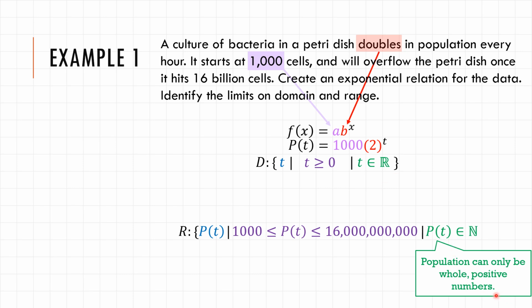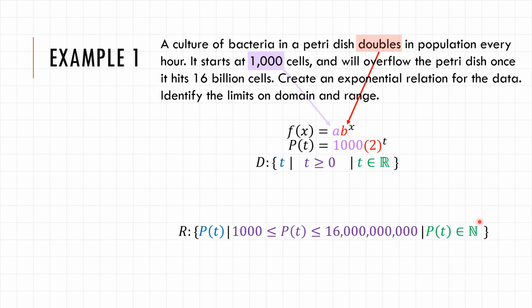You can't have half a bacteria. That's 0. That's a dead bacteria because it got cut in half by something morbid. But that right there is all we have to do. We just specify any restrictions on the independent variable for the domain and any restrictions on the dependent variable for the range.